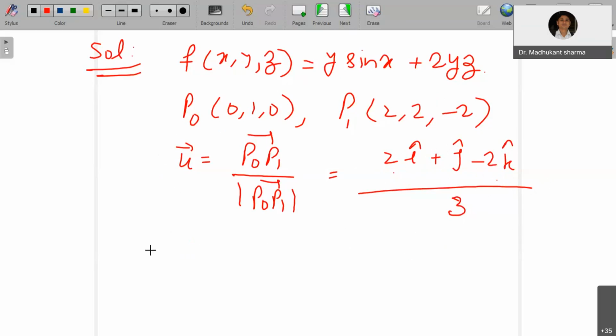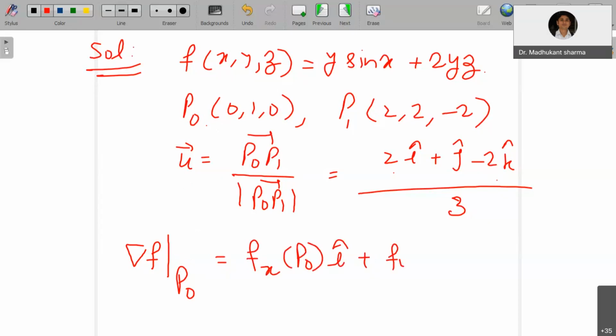Now you need to identify grad f at P naught, because you are moving from P naught to P1 with the ds unit. So grad f at P naught is nothing but fx at P naught, fy at P naught, fz at P naught.